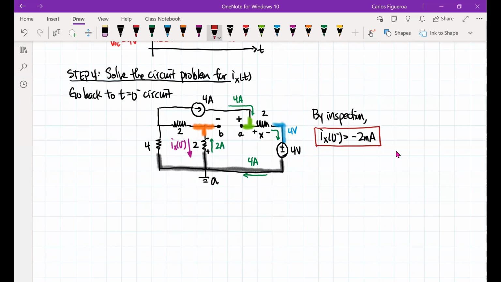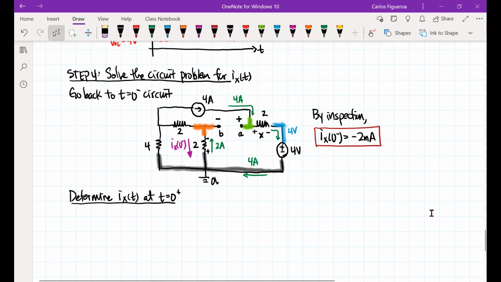Now note, it's important that you do this because resistors in general have a discontinuity. So now, here I go. Now I need to determine Ix of t at t equal to 0 plus here.